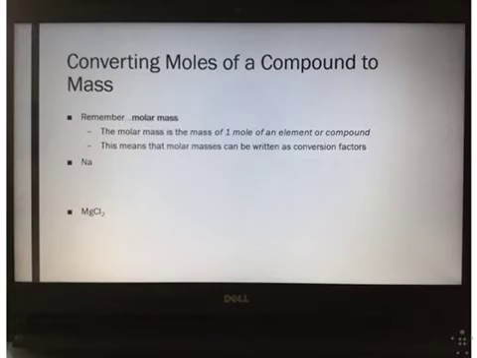So the first thing that I want to talk about is just to remember molar mass. If you remember from our last video, molar mass is the mass of 1 mole of an element or compound.